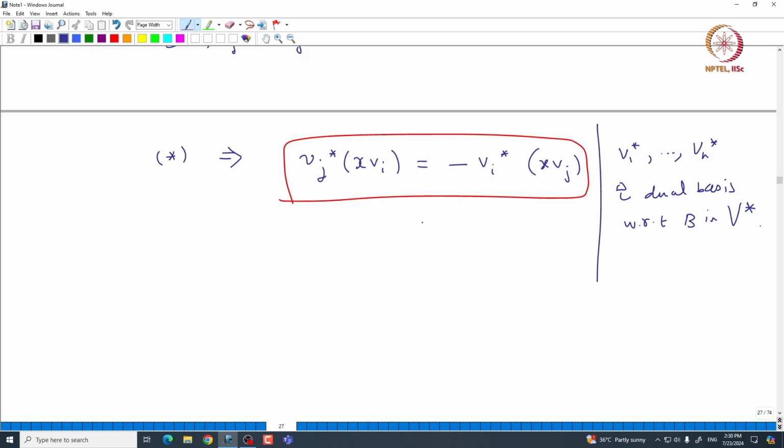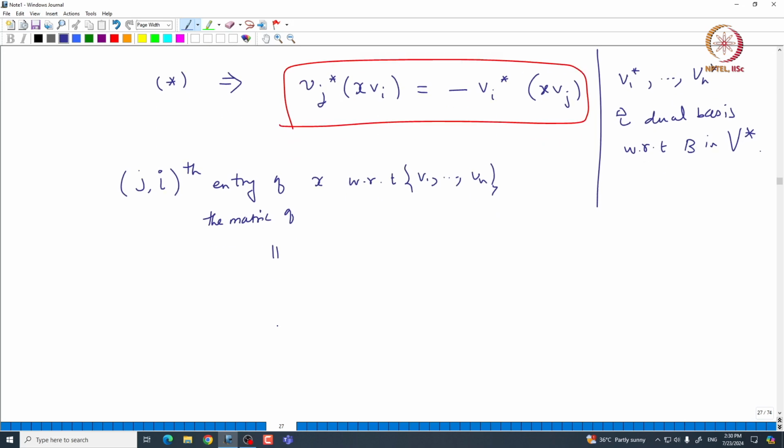Okay. So, basically what this condition says, if I look at the jith entry of the matrix of X, with respect to the basis V1 etcetera Vn, that is going to be exactly the negative of the ijth entry of again the same matrix, let us call it X with respect to B dash, where B dash is V1 etcetera Vn.